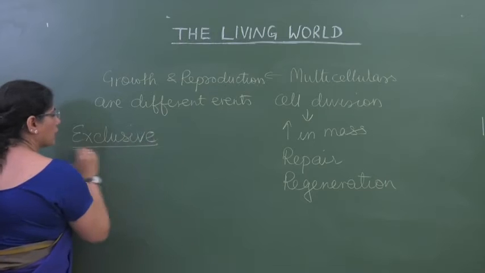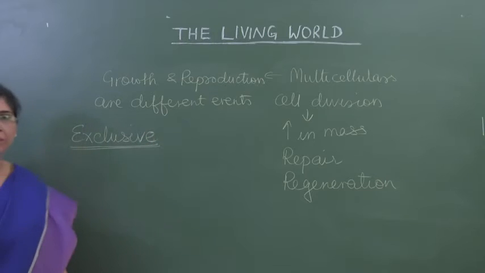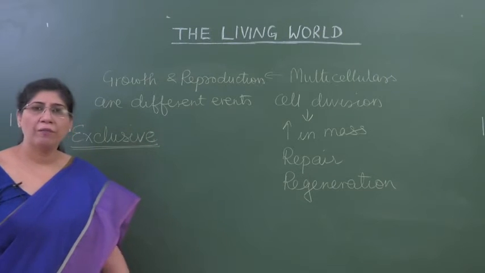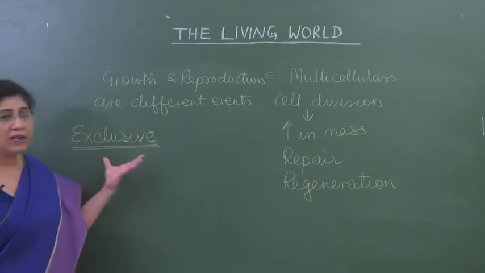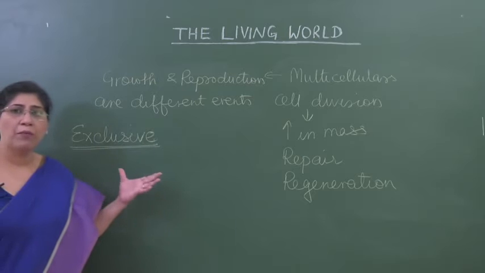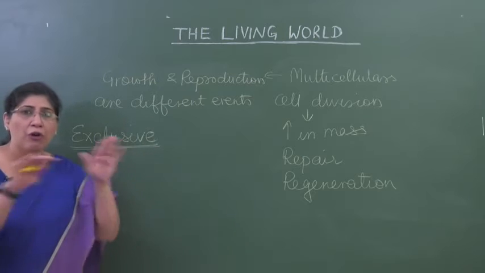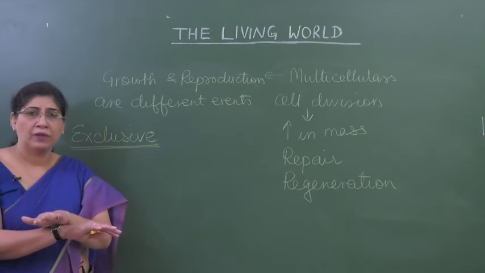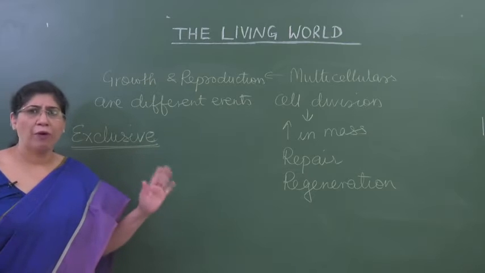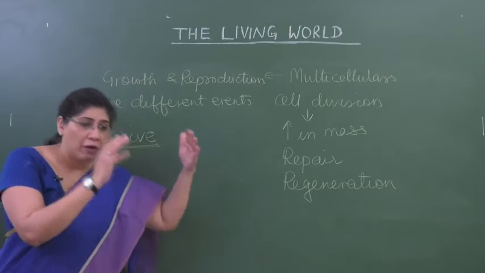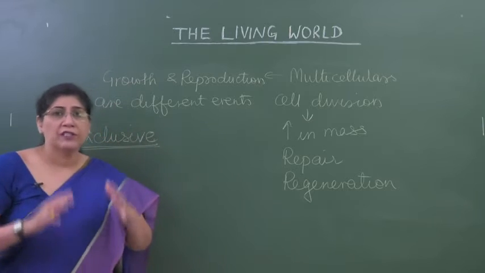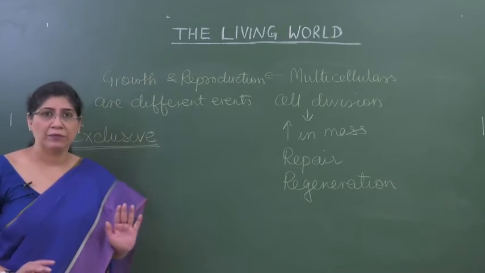They are exclusive from each other. They are exclusive or independent or different from each other. So in multicellulars, we don't have that problem of overlapping of growth and reproduction. Multicellular में ऐसी कोई problem नहीं है. लेकिन यूनिसेल्युलर में मैं ग्रोथ को रिप्रोडक्शन से अलग नहीं कर सकती.